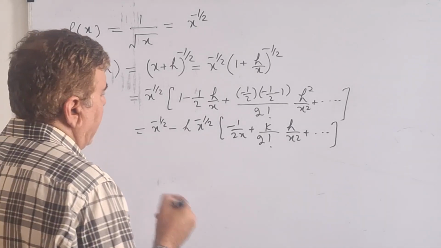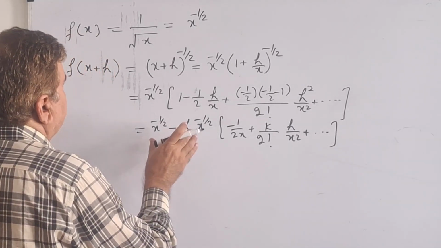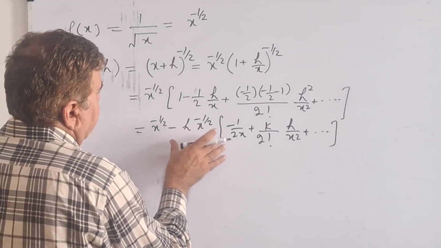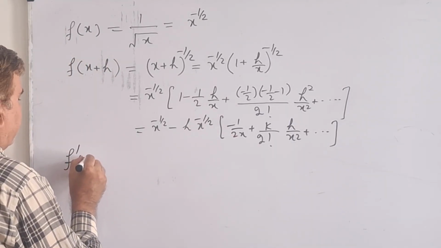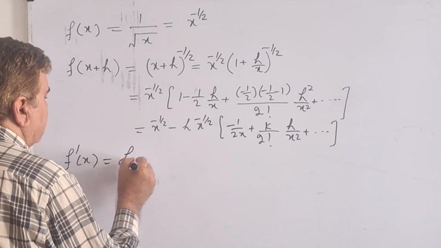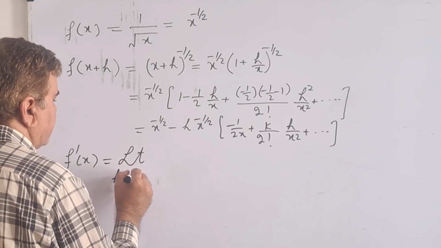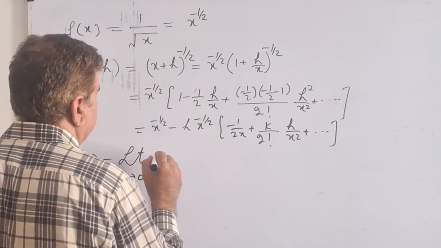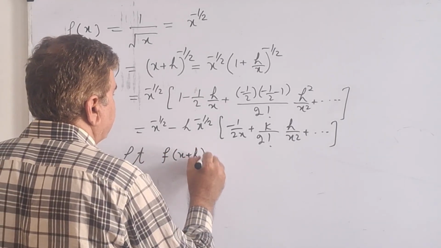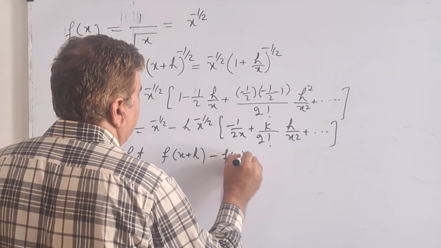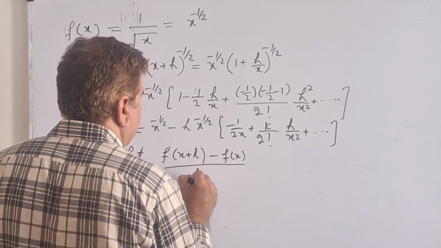Now I have this form, and if I put this value in the definition of derivative, that is f prime of x equals limit h tends to 0 of f of x plus h minus f of x divided by h.